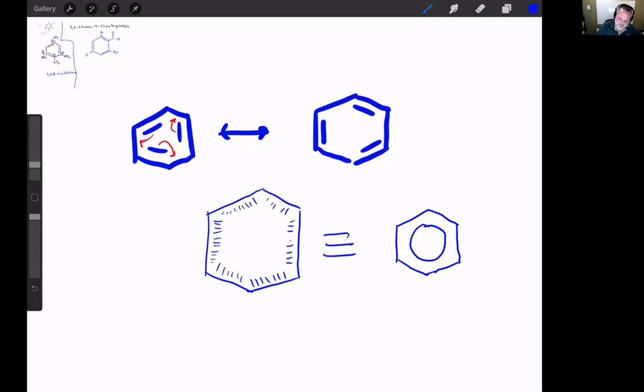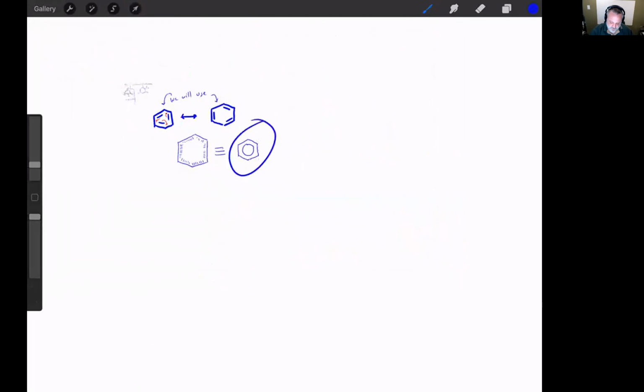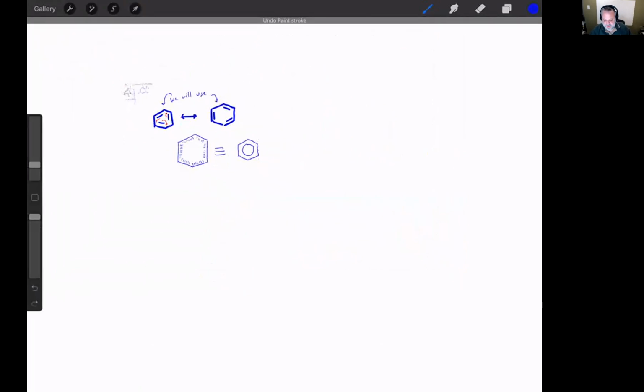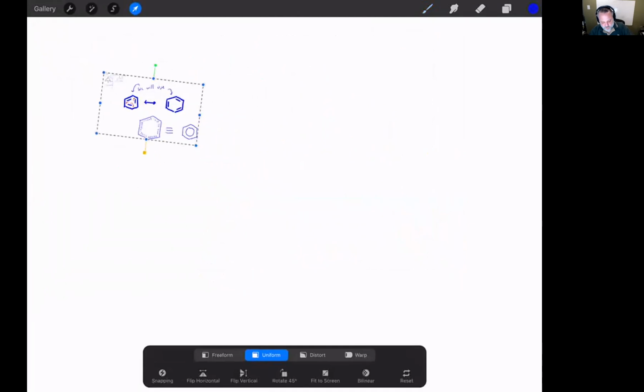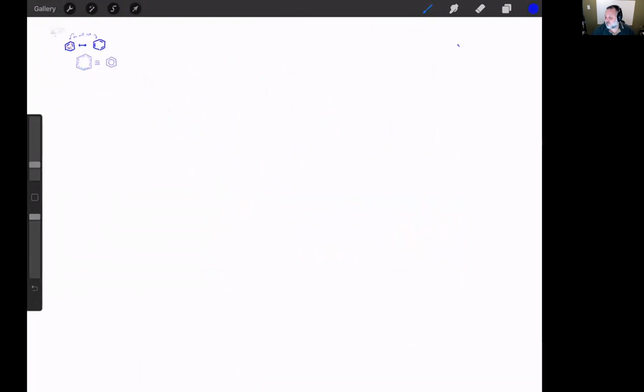But what we will do is use these, because when we do mechanisms, we want to make sure that we're keeping careful track of the electrons. And so we can't really show electron movements with this type of resonance hybrid. But you will see it commonly used not only in my lectures, but certainly on other videos in other places when keeping track of those electrons isn't so crucial. All right.